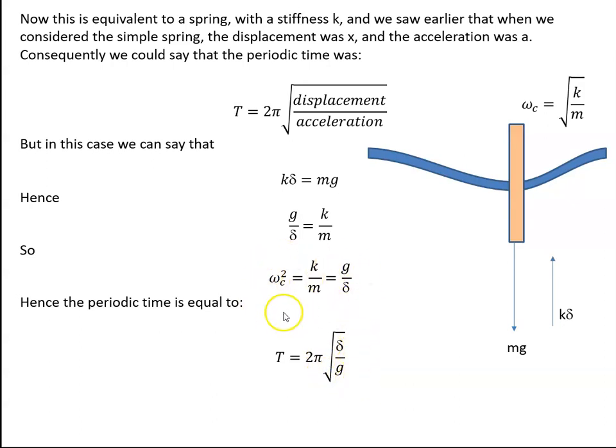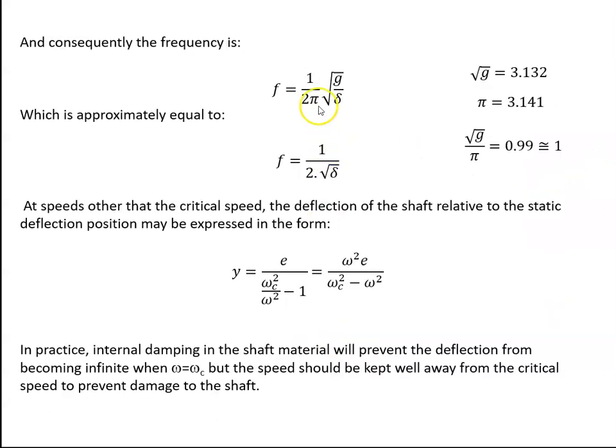Okay, so we've two formulae here that we can use. Sometimes we want to talk about the frequency, which will be in hertz, or it'll be revolutions per second. So frequency is just 1 over T, so it'll be 1 over this expression. So the frequency is 1 over 2 pi times square root of g over d. Now, if we look at this, g is 9.81, so the square root of 9.81 is 3.132, and pi is 3.141.